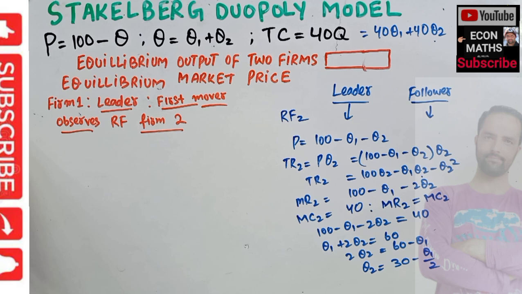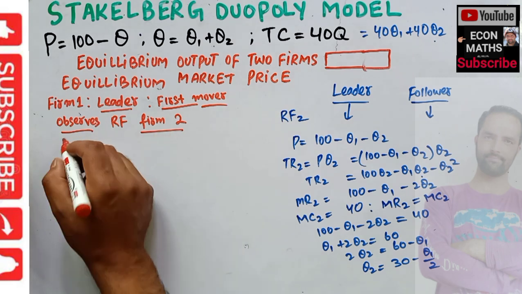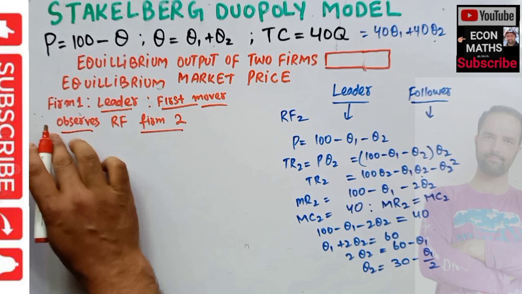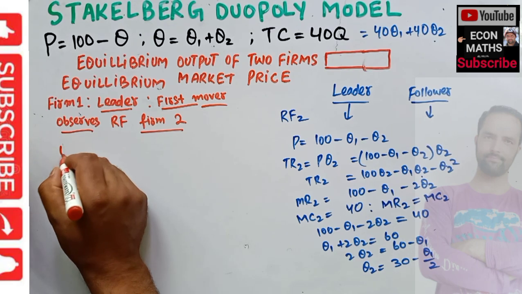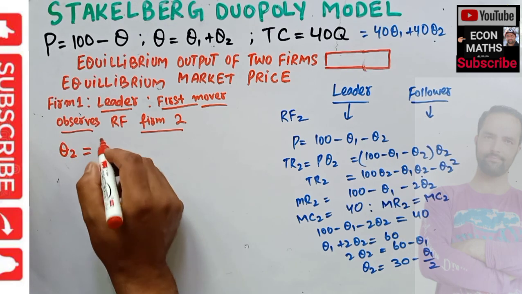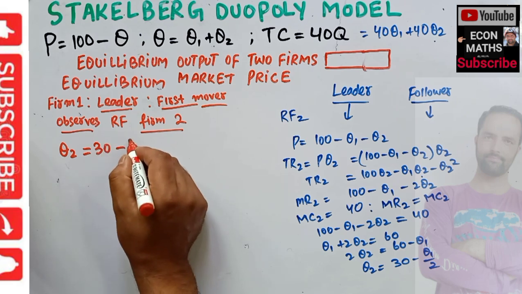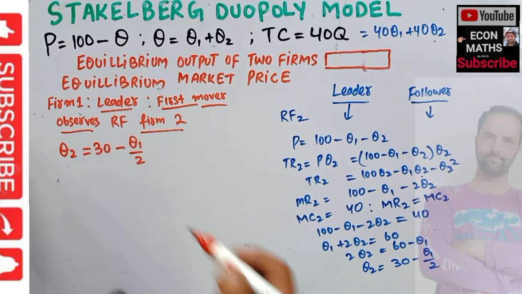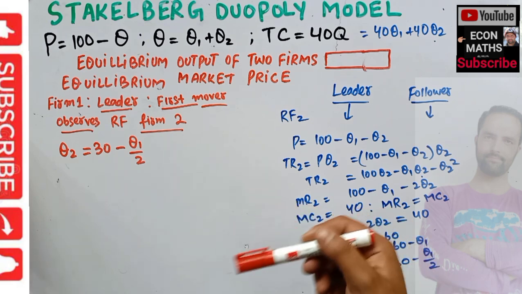This is the reaction function of firm 2. It is also called the best response curve.